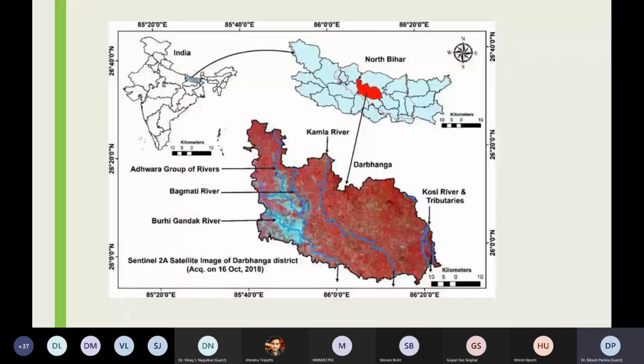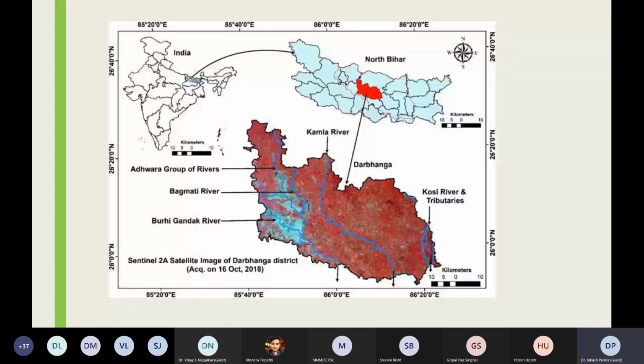Specifically, there is a case study on the Darbhanga district, which is heavily impacted by the floods. That is because different rivers cross the district. In the eastern part there is the Kosi river passing, then the Kamla river passes through the middle part, and on the western side, Bagmati and Budhi Gandak.